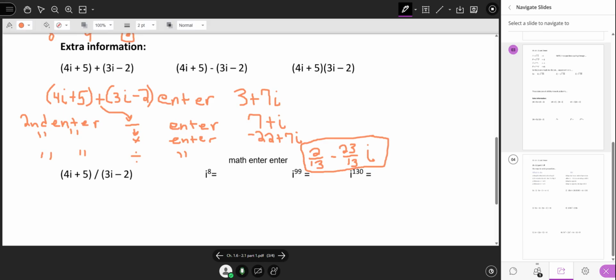And now for i to the 8. So second dot, caret. So second dot, this caret sign, 8. Enter. And it's going to give me something nasty.